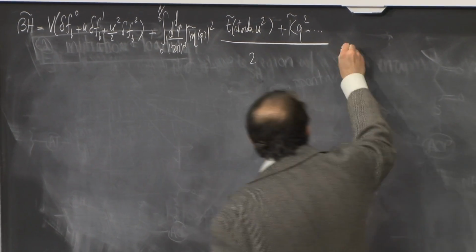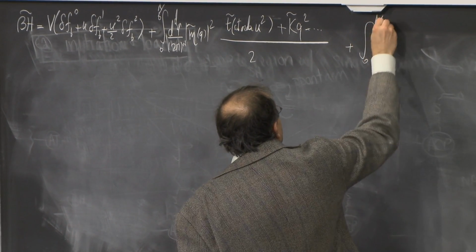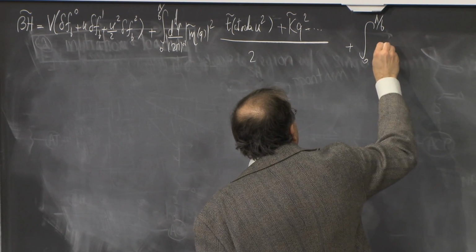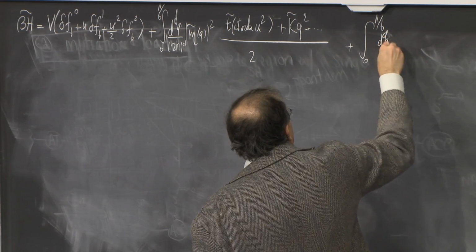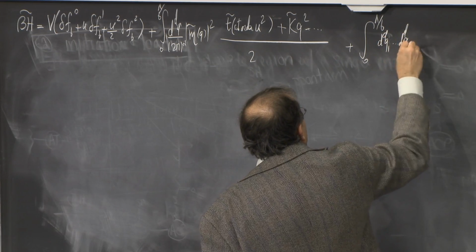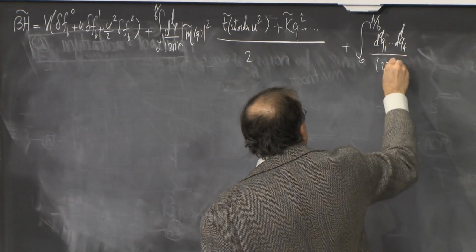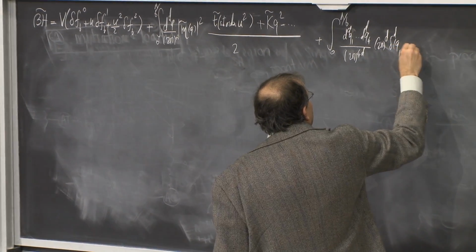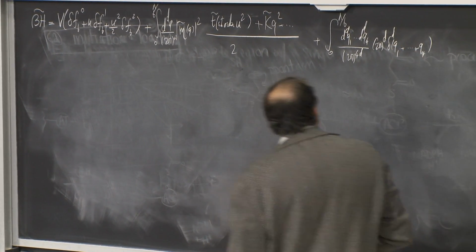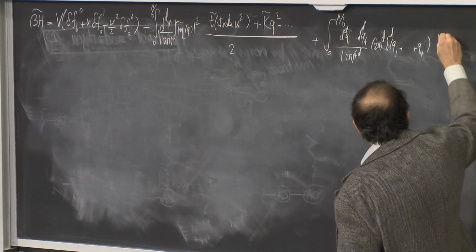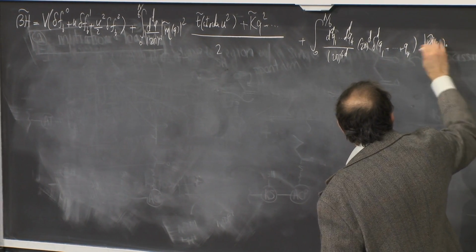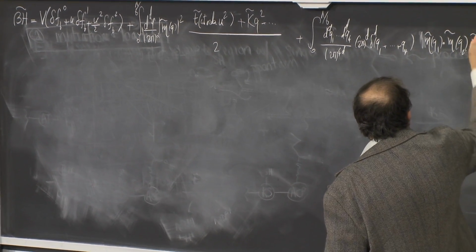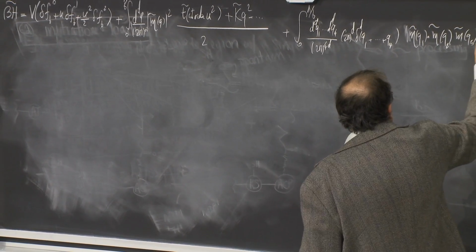And I see that I generated terms that are of the order of m tilde to the fourth. So I have the integral dd q1 through dd q4, 2 pi to the 4d, 2 pi to the d delta function of q1 through q4, m tilde q1, m tilde q2, m tilde q3, m tilde q4.